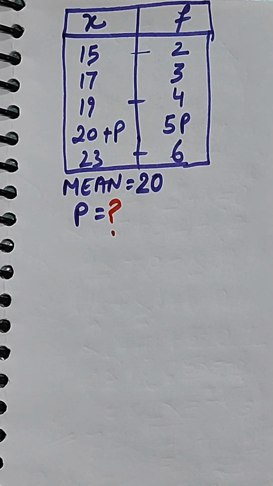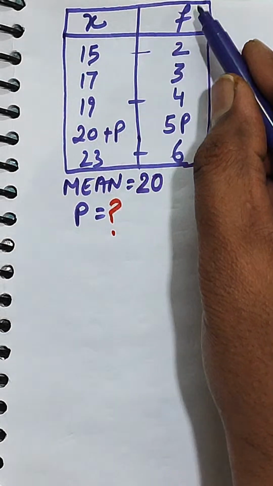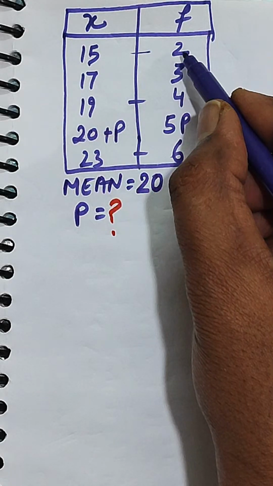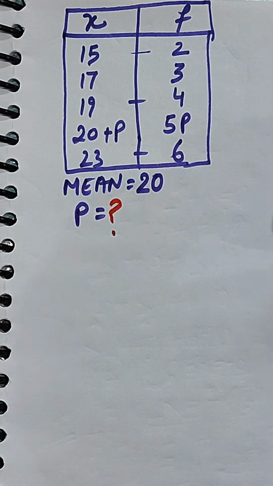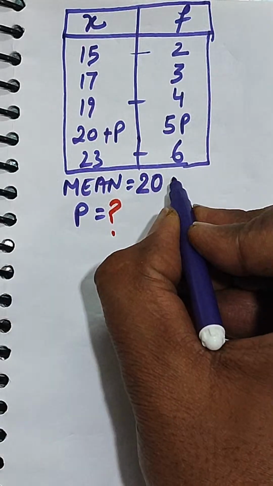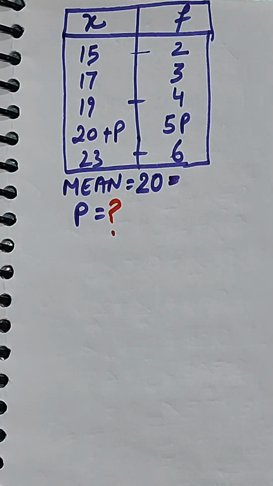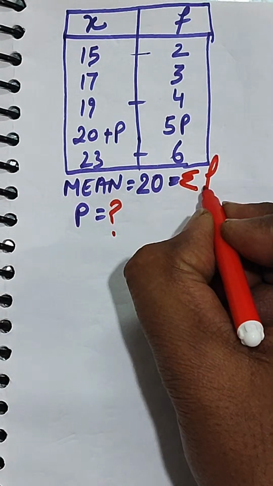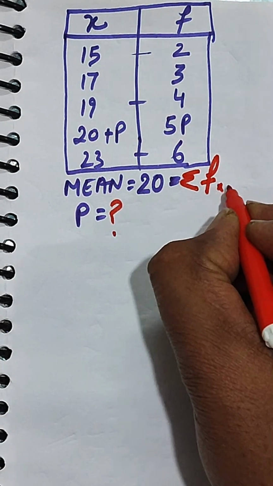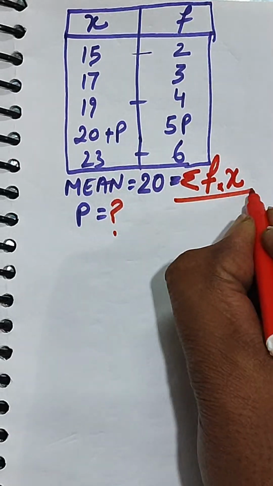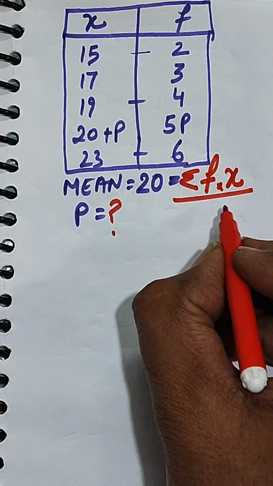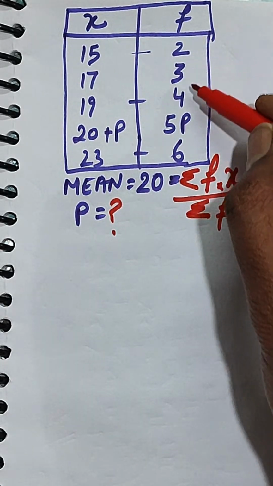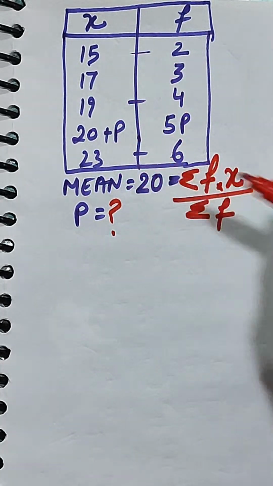So my dear friends, when the frequency distribution table is given to you, the formula of the mean in this case is summation of f multiplied by x divided by summation of f, where f is the frequency and x is the observation.